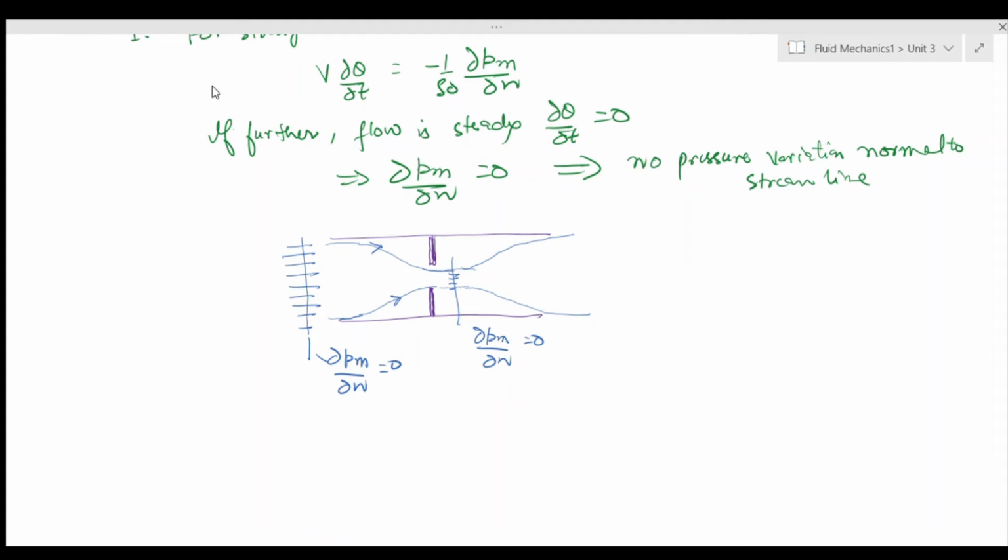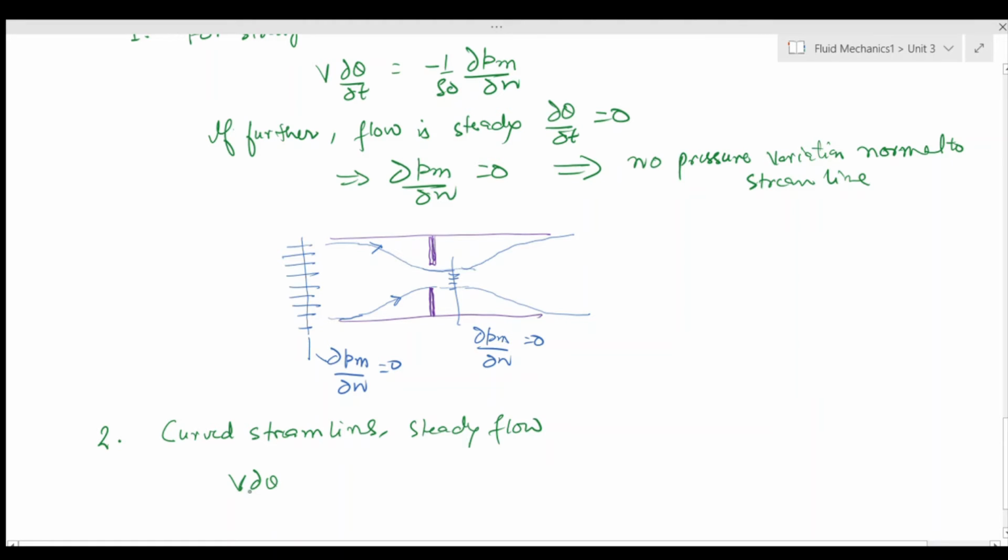Now let's talk about the next observation. How about if we have curved streamlines but steady flow? So curved streamlines with steady flow.